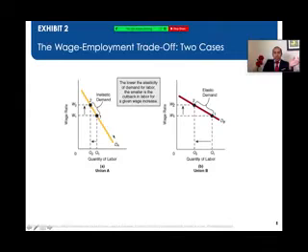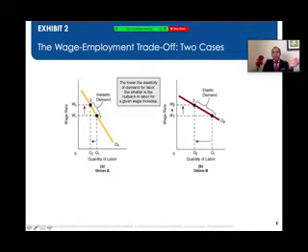Since we have inelastic demand, if the wage rate is increased by the union's ability to ask for higher wages, the firm is going to demand fewer workers, to point 2, a little bit less quantity 2, but the quantity change is going to be relatively small because they really need that labor. When it's inelastic demand, inelastic means elasticity is less than 1, so we have a lower elasticity of demand for labor. The smaller the elasticity, the smaller the cutback for labor, and the higher the wage rate.